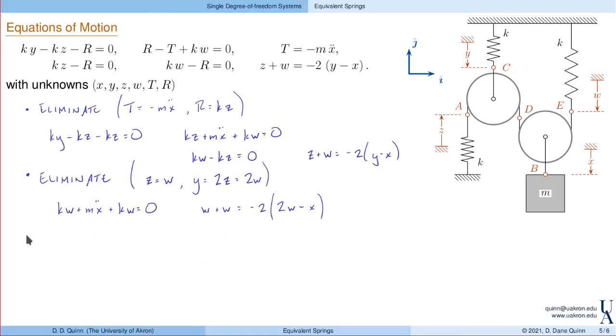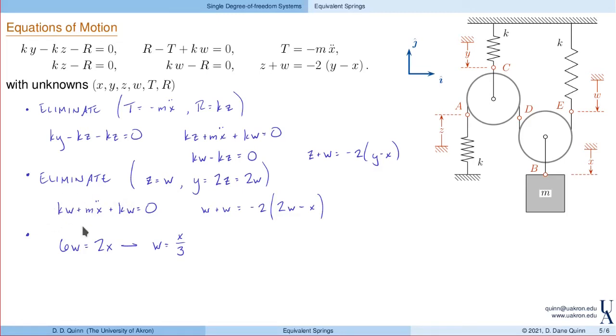Looking at this relationship, I have 2 w's on the left, I have minus 4 w's on the right, so I'll bring those over, and 6 times w is equal to 2 times x. So w is x over 3.